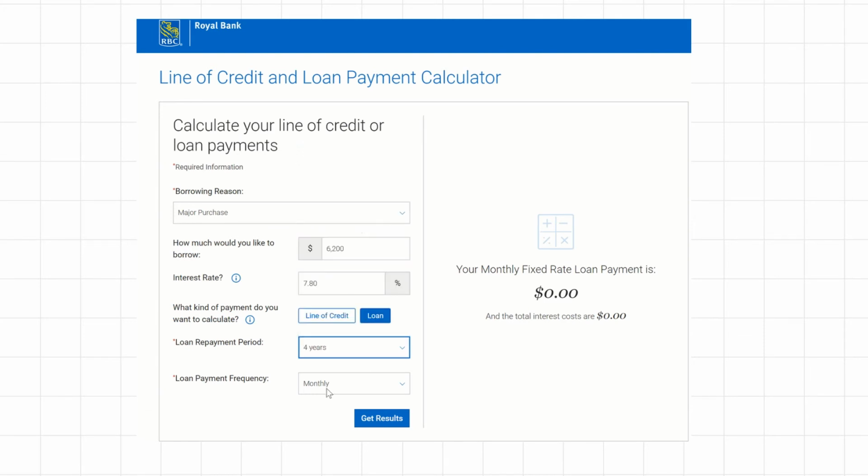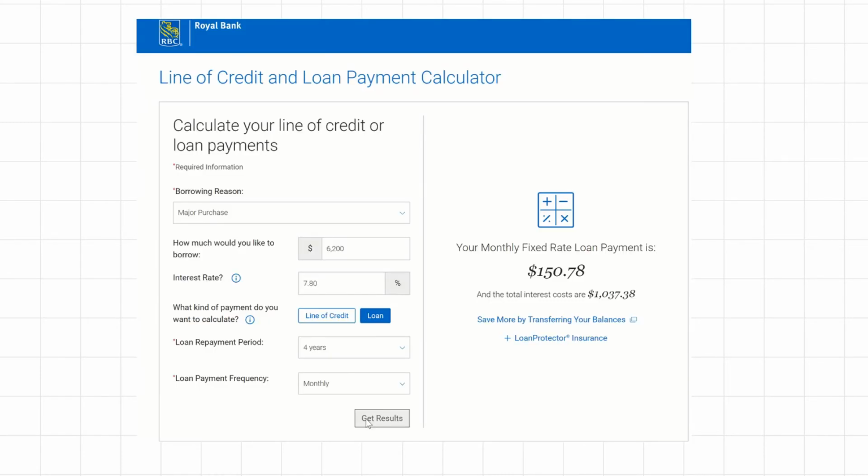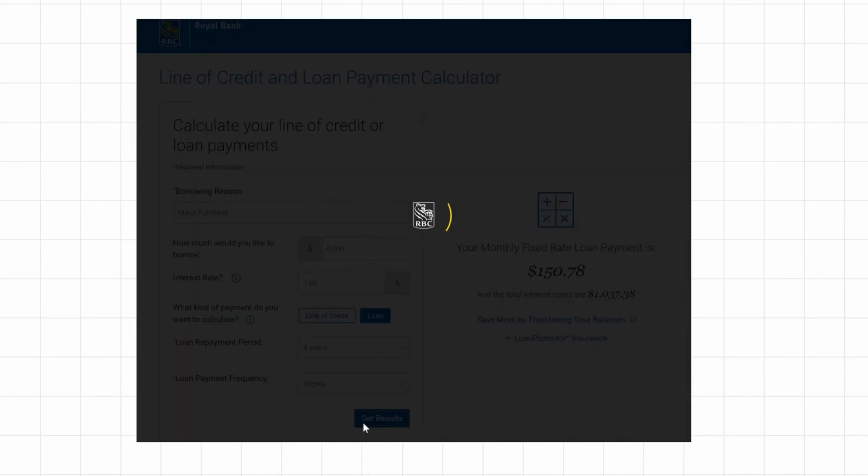And now I'm going to start with monthly, and we know what that's going to be based on what we had looked at in the last slide. But what I want to do now is want you to watch what happens to both the monthly and the total interest as we change the loan payment frequency. So we're going to go, instead of monthly, we're going to go more often, so weekly, and run the numbers again.